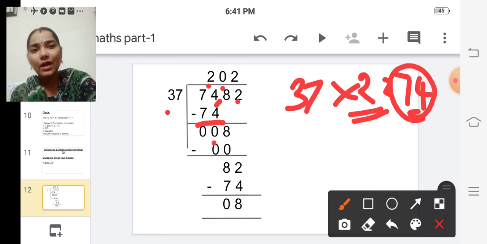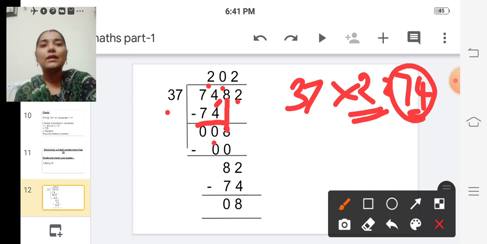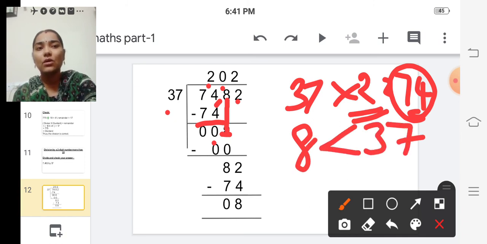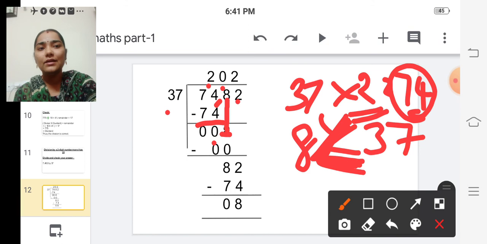In the next step we have to bring down this 8 tens here, so we get the number 8 only. 8 is less than 37, it is not greater than 37, so we cannot divide, isn't it? We can divide only if it is greater than the divisor, but here it is less than the divisor, so we cannot divide.